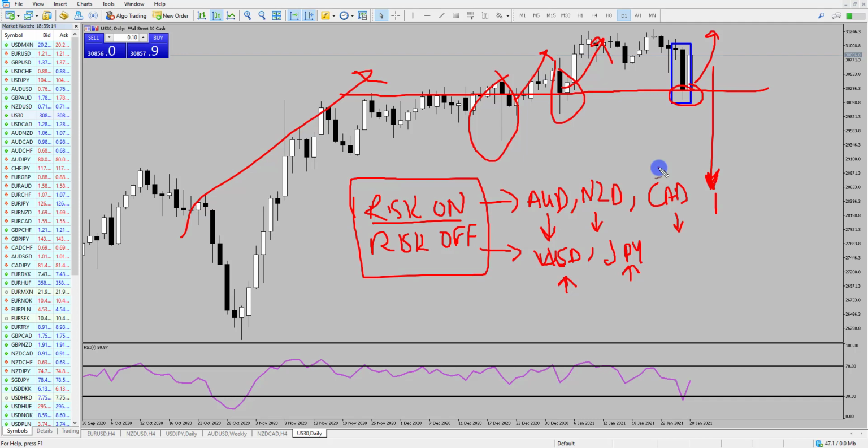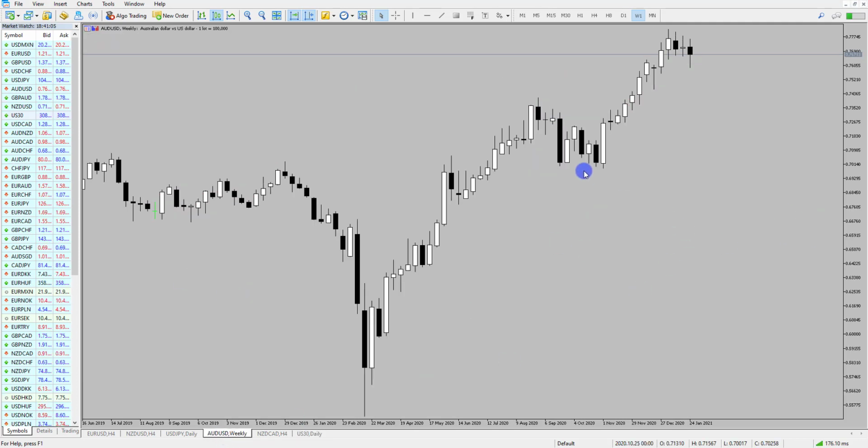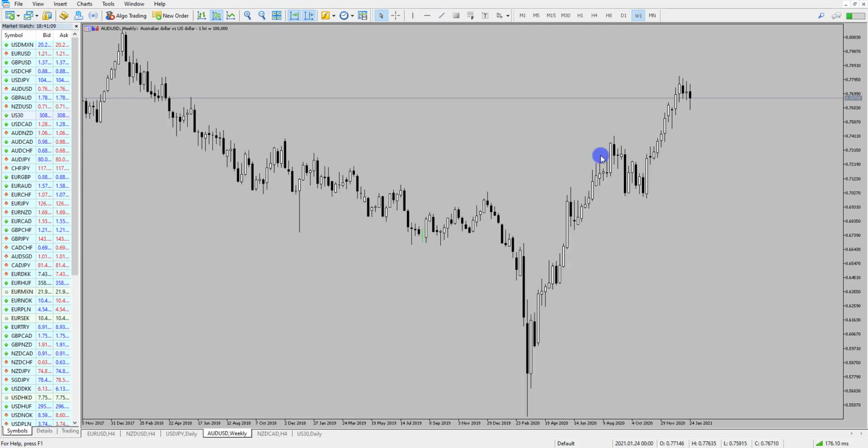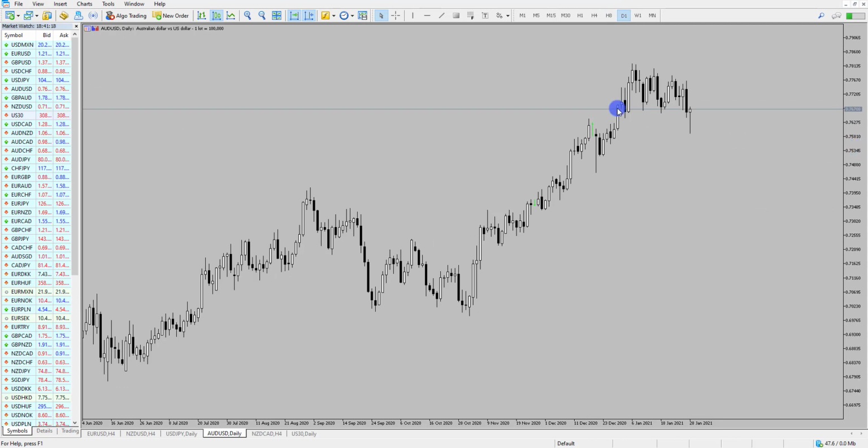So with that in mind, we can check out Aussie US dollar. Very good at adapting to risk, a very good risk pair. And we can see here that price is starting to find a little bit of support. Now, where is it finding support? If I go into the daily time frame, we can see that we're in, again, very much an uptrend market.